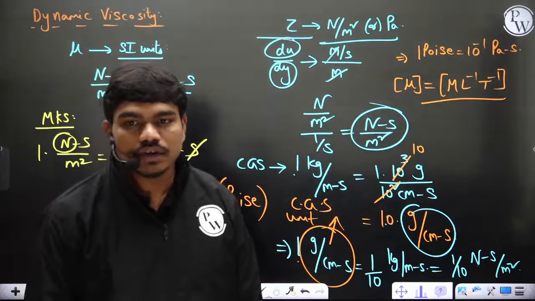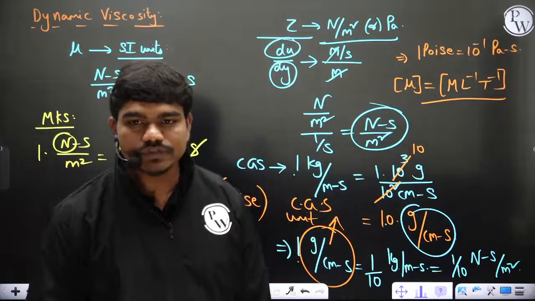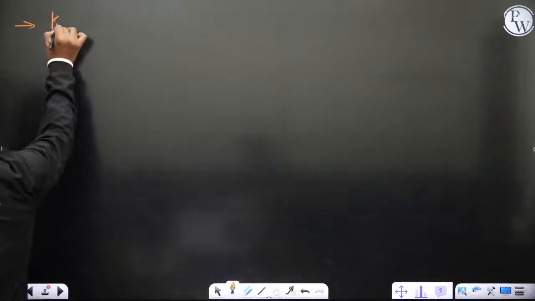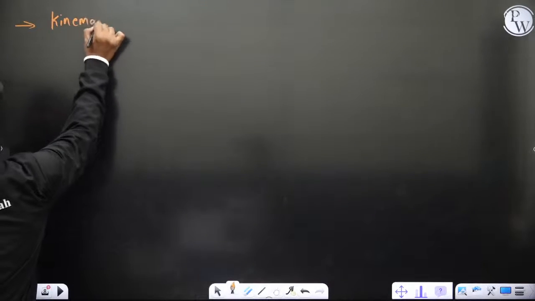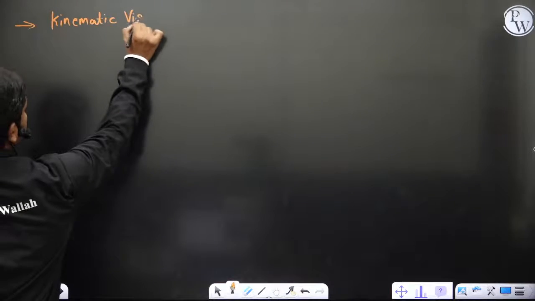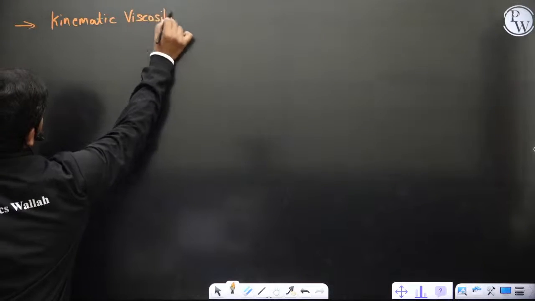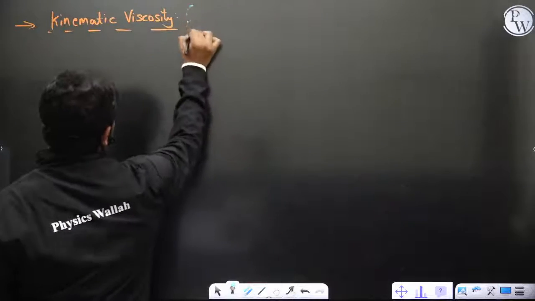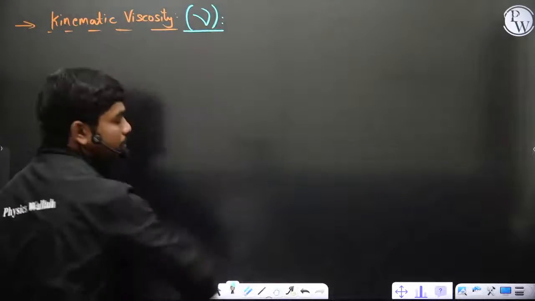Now, let us see one very important property before we go to some other things. Many times, kinematic viscosity, this is denoted with the symbol nu. So kinematic viscosity is clear, right?